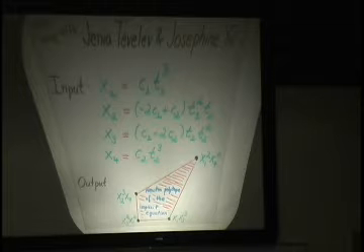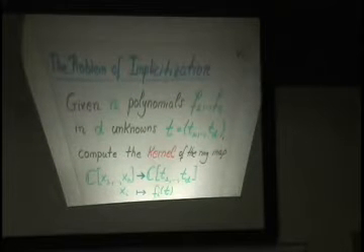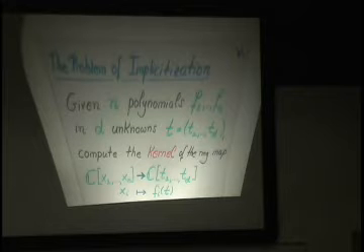So in general, let me set up, what is the problem of implicitization? The general problem is we're given n polynomials, f1 up to fn, in d unknowns, t1 up to td, and maybe they're honest polynomials.